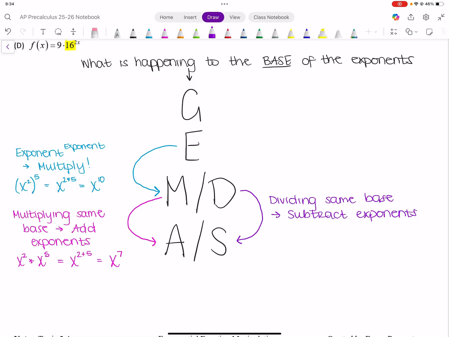So for example, if we have x squared divided by x to the fifth, that becomes x to the 2 minus 5, which would be x to the negative third power. And then remember, we do not want negative exponents, so you flip it to the other side of the fraction to get that to be a positive exponent.